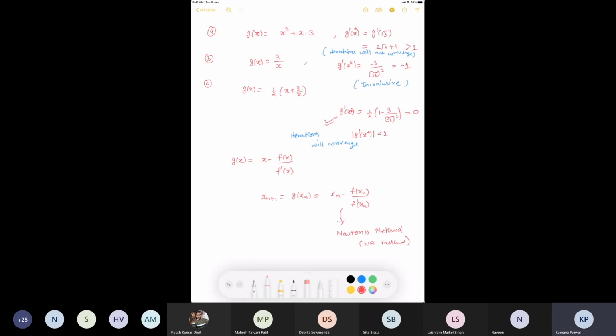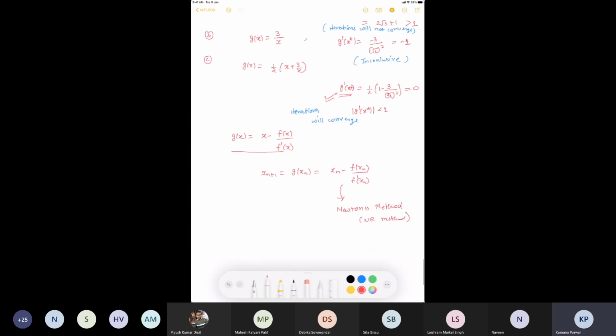But here, so far, we have observed only linear convergence. So there's something we are missing here, right? So in this case, when we take this as your g, you can clearly see that g prime of the x star is equal to 0, right? So there's something happening when your g prime of x star vanishes.